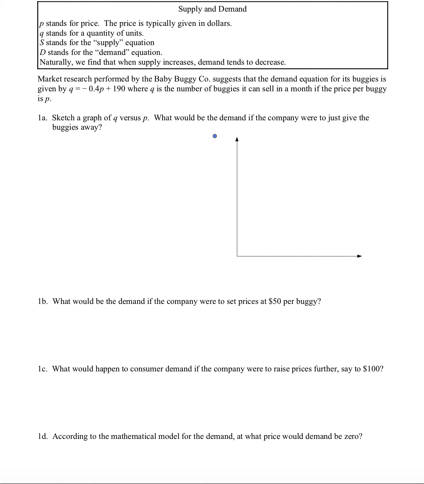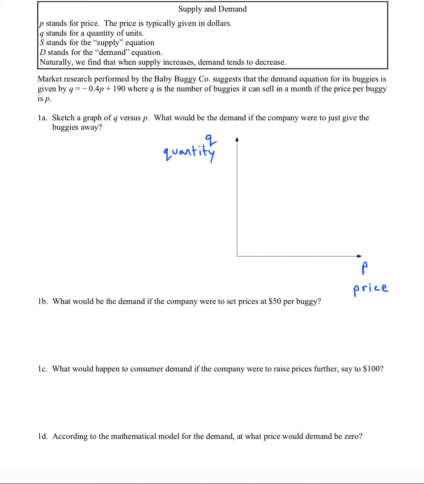Alright, so let's put Q up here, and remember that is quantity, and then we'll put P, price, over here. In some problems we'll have Q on the vertical axis, and some problems we'll have P on the vertical axis. Just depends on the problem.